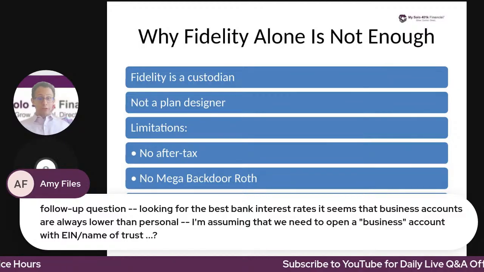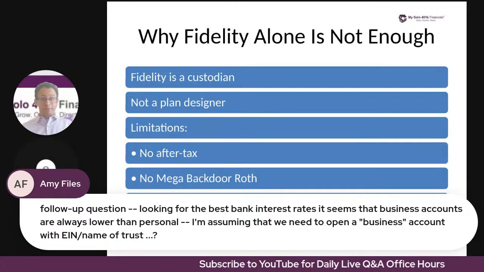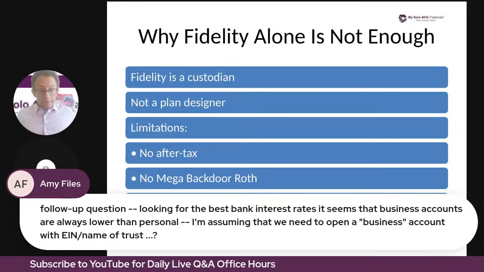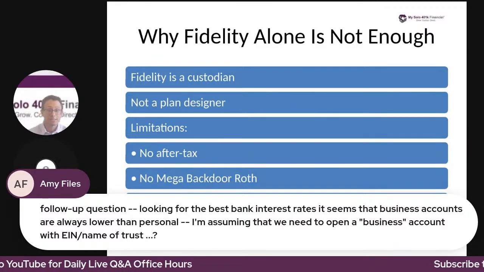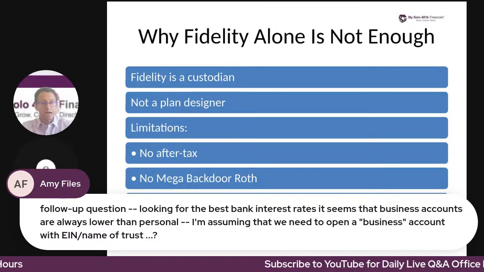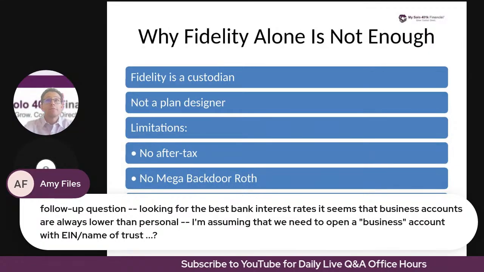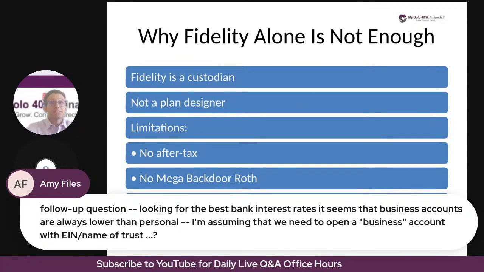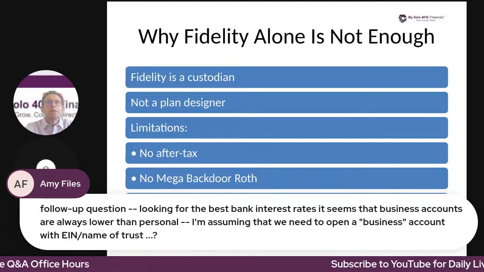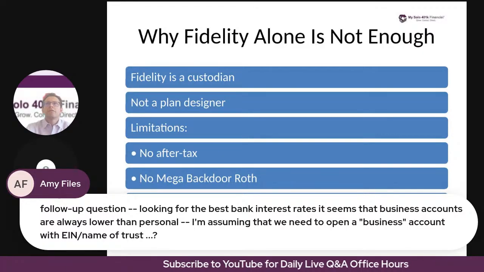You want to make sure they're using the EIN number for the solo 401k, which is a retirement trust, not the EIN for your business, when they open up that bank account. So it needs to be titled in the name of the solo 401k, and the bank needs to use the EIN number for the solo 401k. Give me a moment here while I locate that bank account guide.